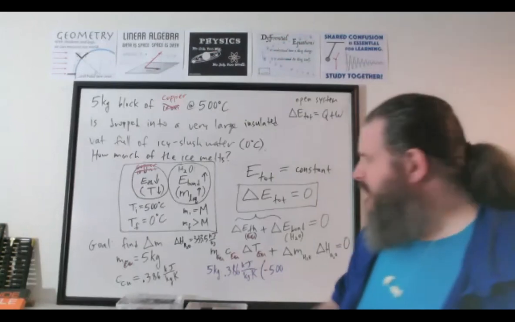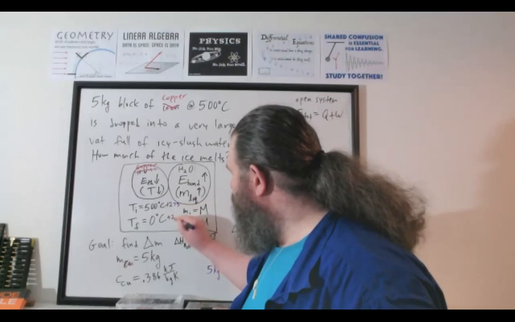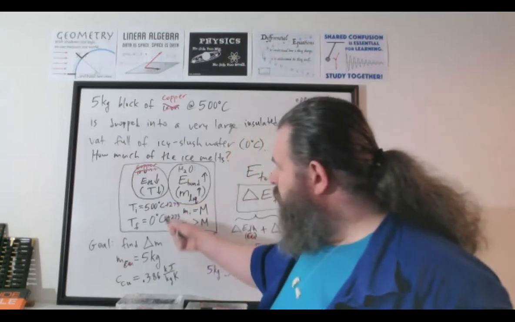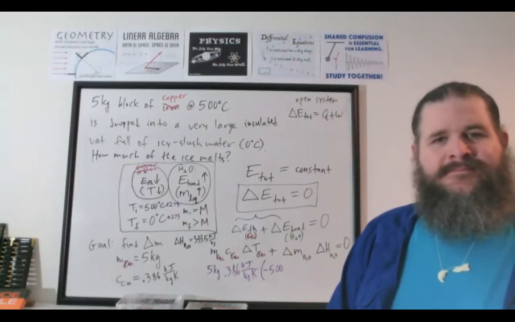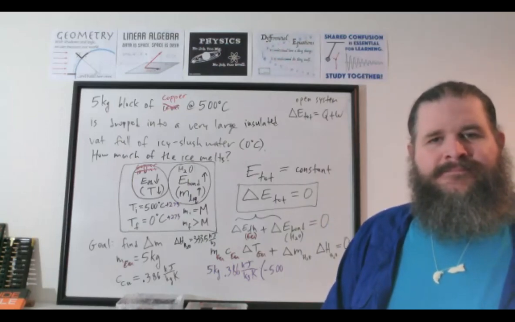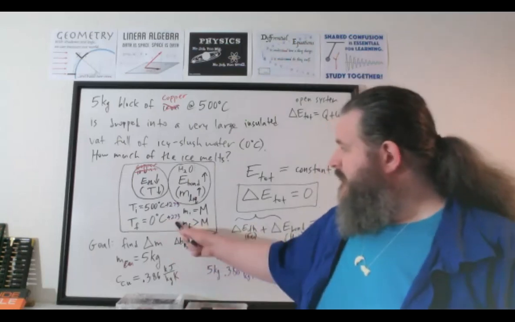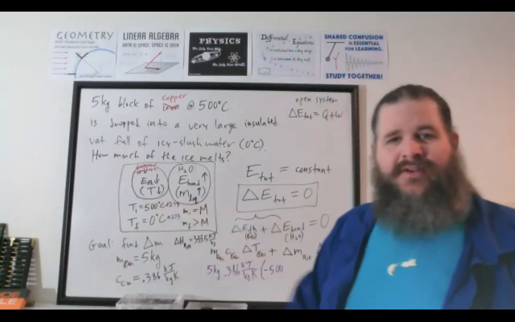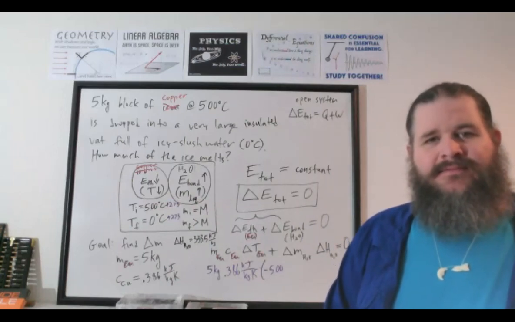What's the usual conversion? Yeah, if we add 273 to both of them, what's going to happen when we subtract final minus initial? If you've got final plus 273 minus initial plus 273, what happens to those 273s when you subtract?